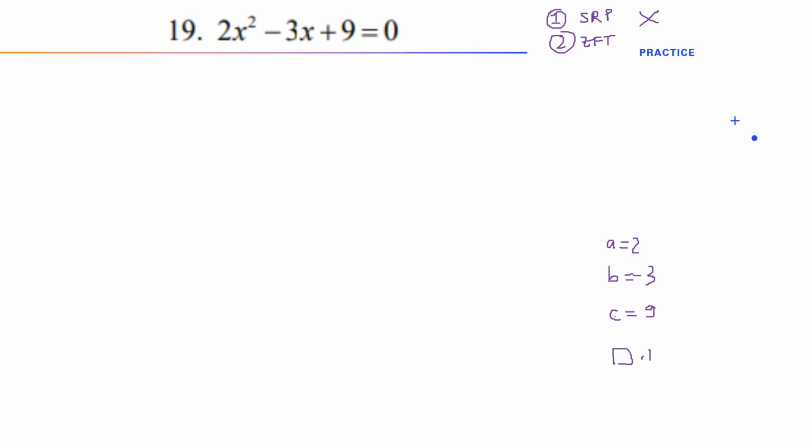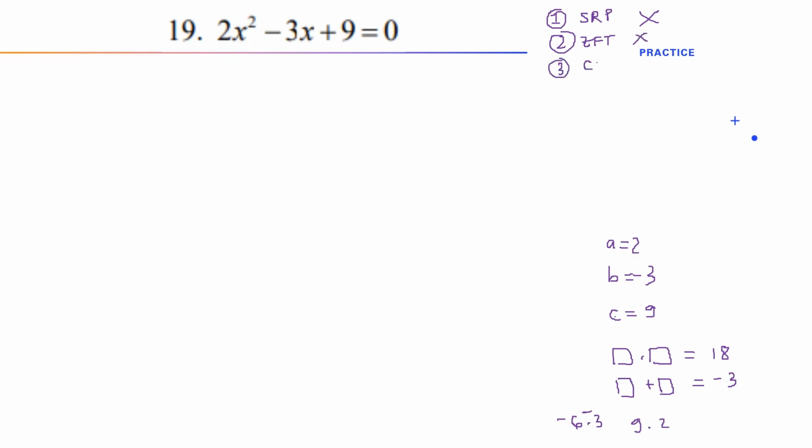What are two numbers that multiply to 2 times 9, 18, and add up to negative 3? So we have 9 and 2, 6 and 3. But then that will be positive 18. So it has to be like 2 negatives or 2 positives, right? And they could not add up to negative 3. So the zero factor doesn't work.